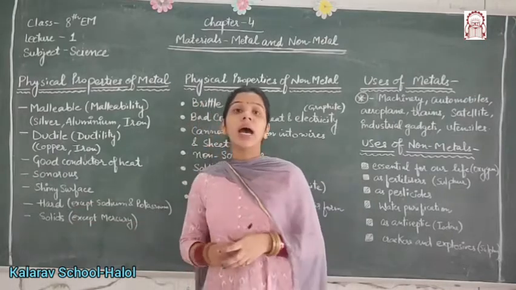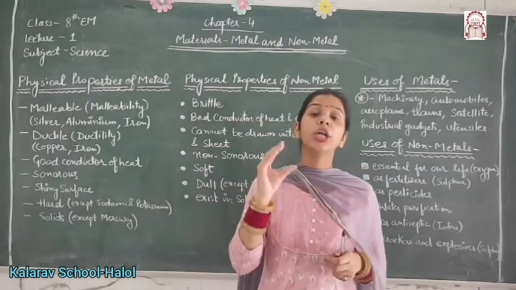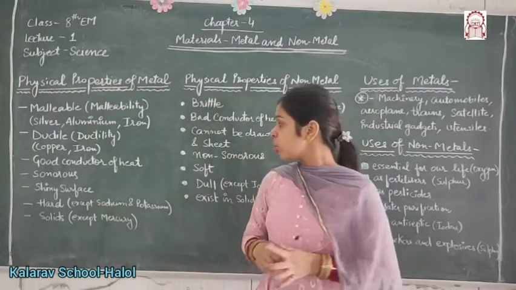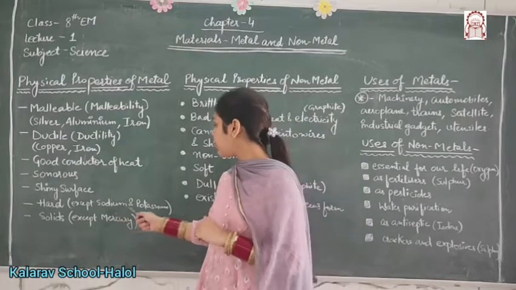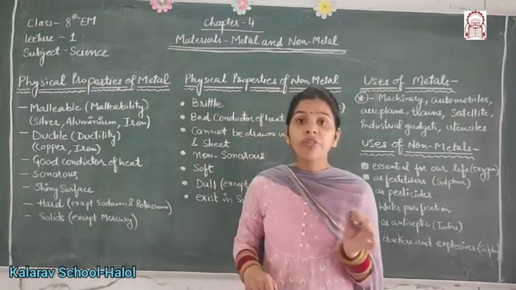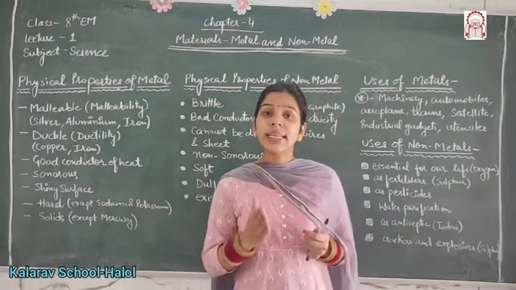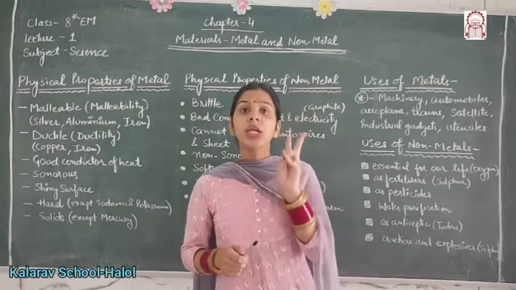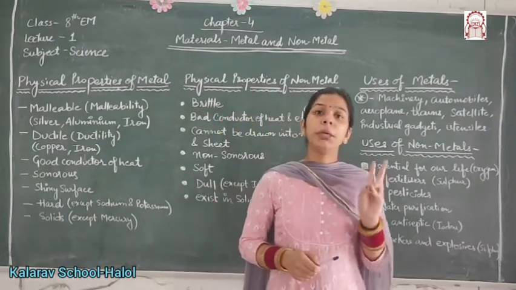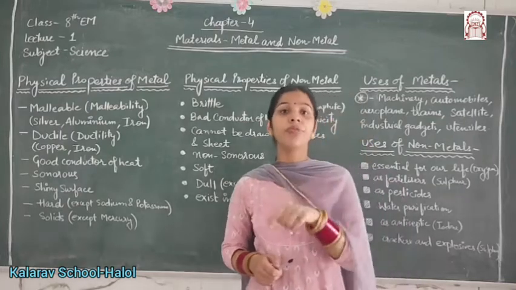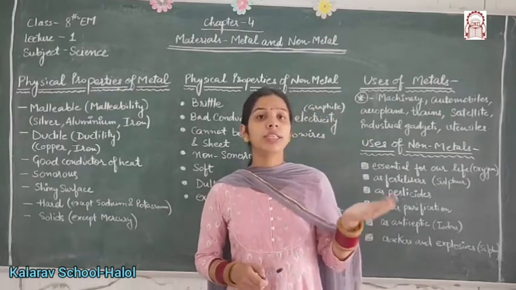All the metals are hard. They are very hard, not easy to compress. But sodium and potassium are the soft metals which can easily be cut with a knife. There are two metals, sodium and potassium, that are exceptions from the behaviors of other metals.